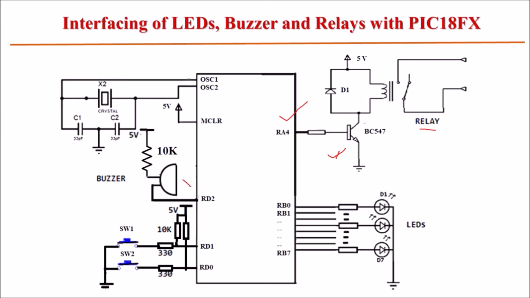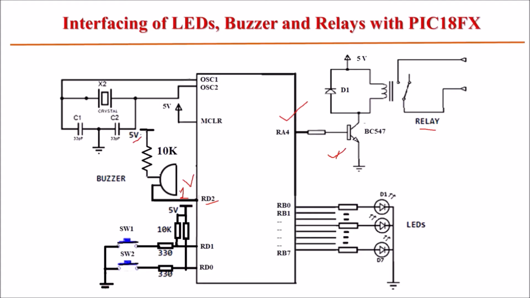Same for the buzzer. The buzzer is connected here at pin RD2. The connection of the buzzer is such that when 1 is given to this RD2 terminal, the buzzer will be off, because the second terminal of the buzzer is connected to VCC.